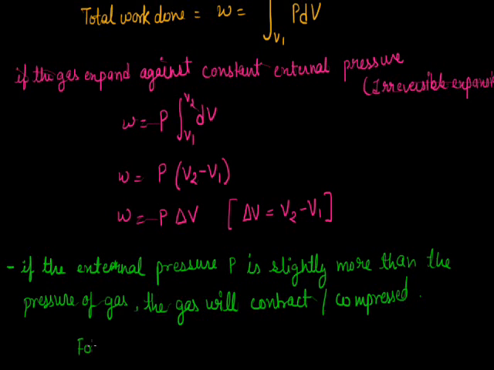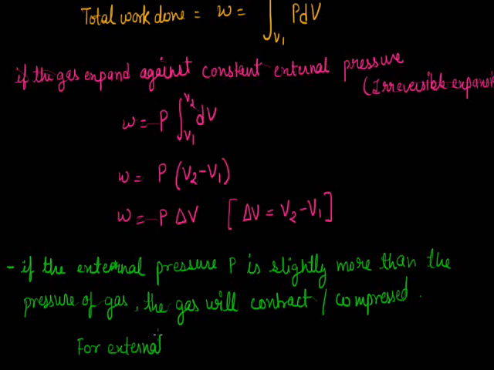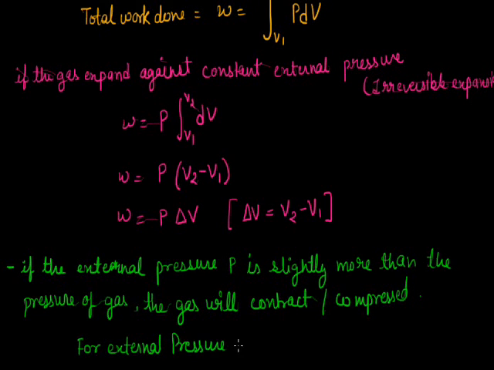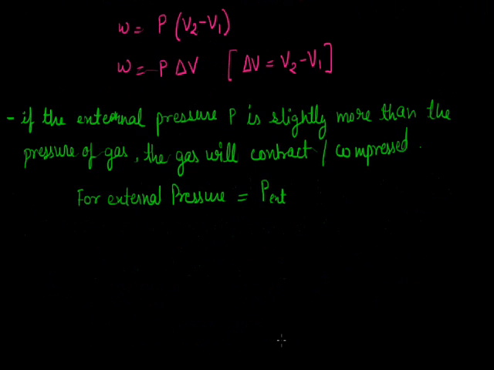So for external pressure, we can represent it as P ext. Work will be W is equal to P external delta V. It is only for the case where the external pressure is more than the pressure of the gas.